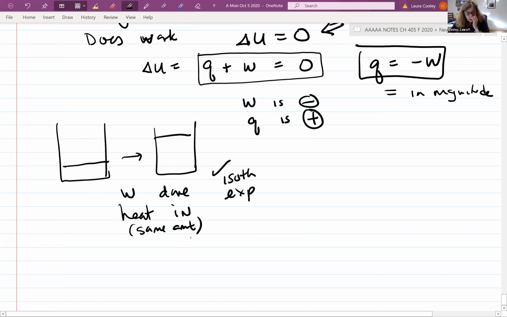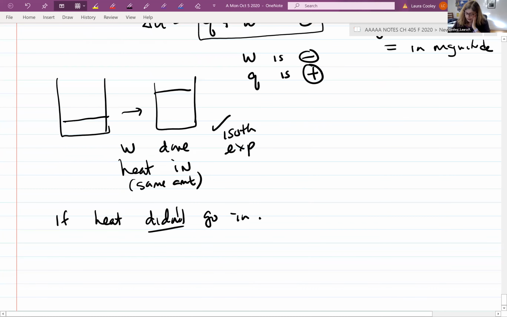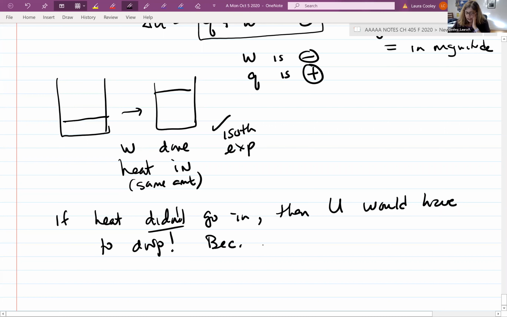Okay. So if heat didn't go in, then the internal energy would have to drop, because the energy has to come from somewhere.